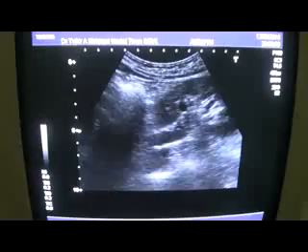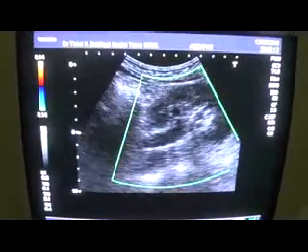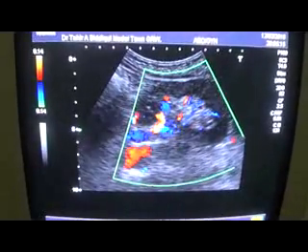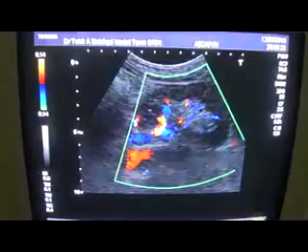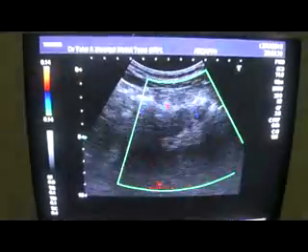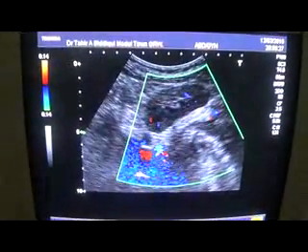However, here we see the kidney. Otherwise the urinary bladder, prostate, and testes are normal. So this is our case of the day. Thank you very much.